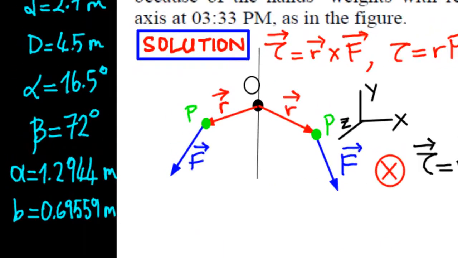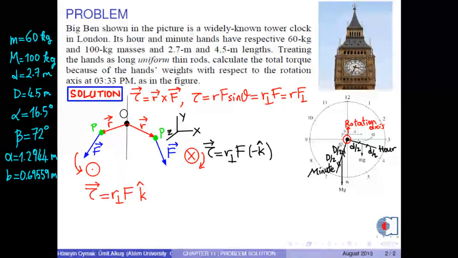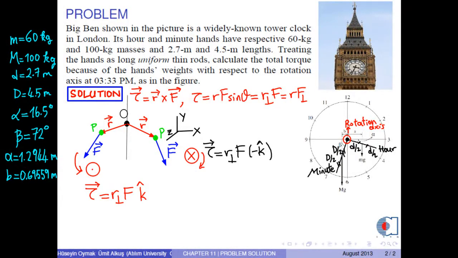Also, for this case, the direction of torque is towards you. According to the xyz coordinate system, we write torque as R perpendicular times F times k hat.